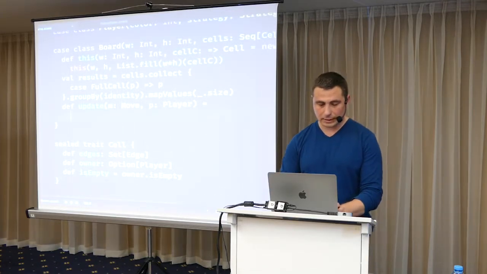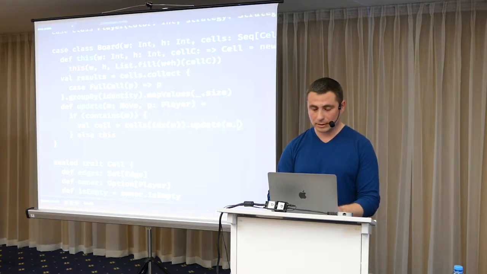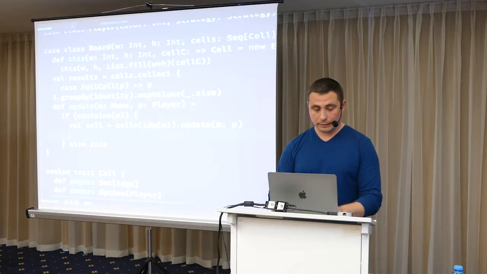So we say if the move is inside of the board, and if not, we return just the same board, not changing it. And for that cell, we look for the cell for this move and update it with the move. So we will need to teach cells how to update themselves with this player. And then we return new board with the same dimensions and updated.